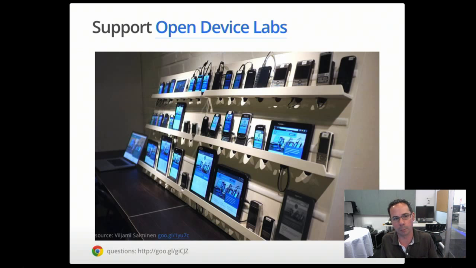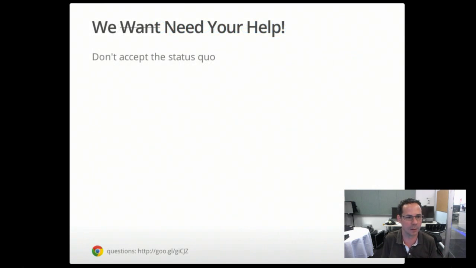Here in New York, there's one in Brooklyn. Hopefully we can get one started here in Manhattan sometime soon. But donating your devices to these labs so that they can have more devices to test on, so that when you need to test your app on a particular screen or a particular device, that device is available to you. You can go get it. You don't have to figure out, crap, where can I do this? How can I test this? You have a great set of devices that you can use.